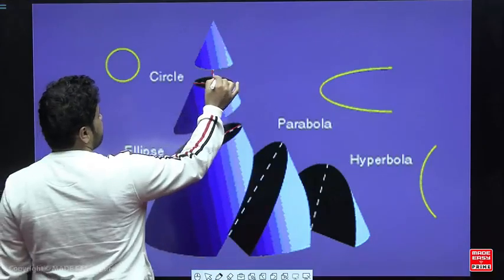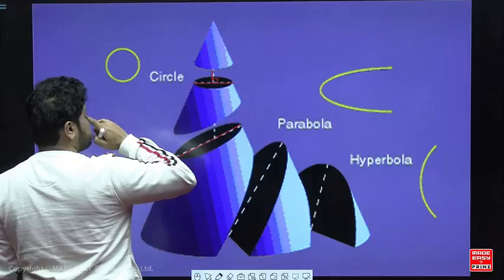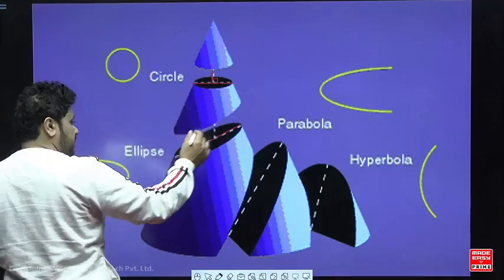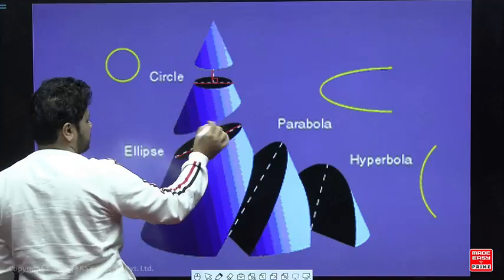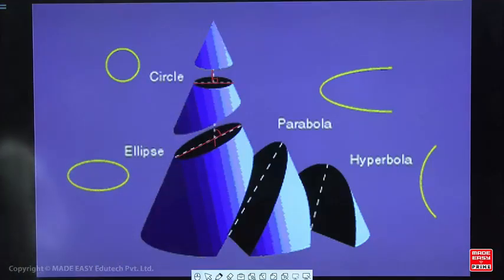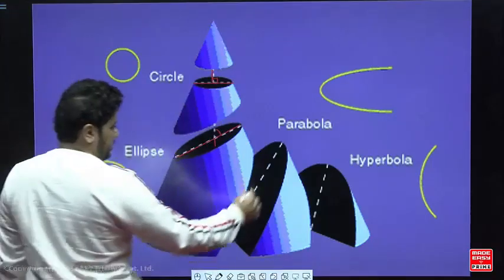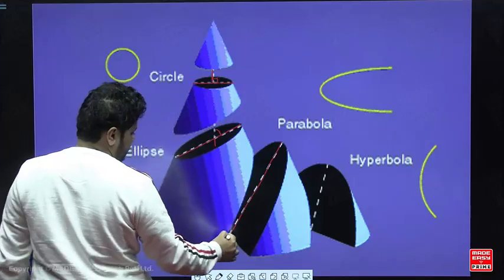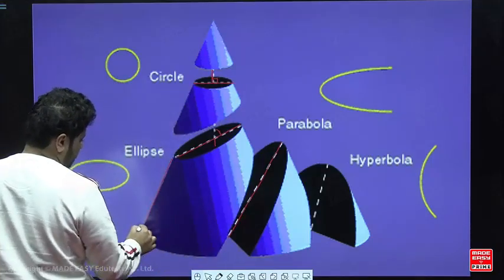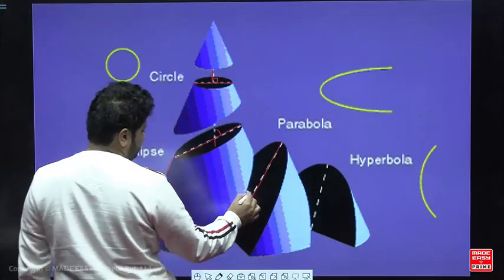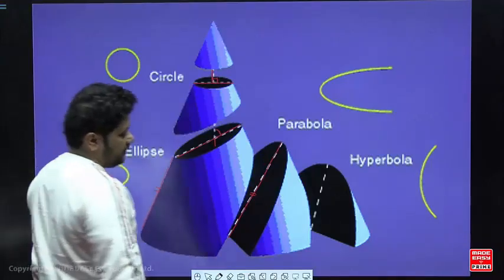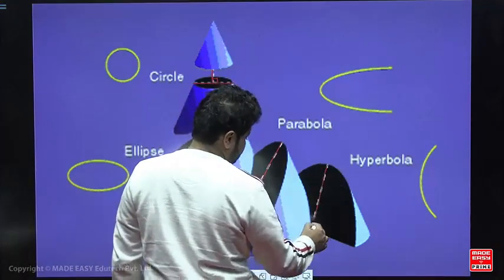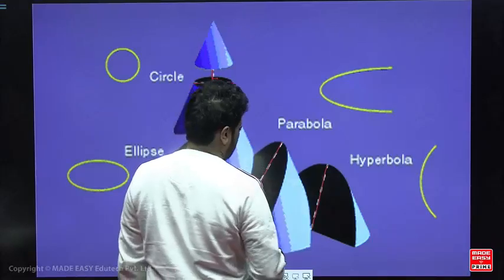Here you can see that this axis is making 90 degrees, so it is your circle. If it is making a certain angle alpha or some angle, you can see that it is an ellipse. But if this cutting plane and this edge of the generator are parallel, then you get a parabola. And if it is less than that, then you get a hyperbola, right?